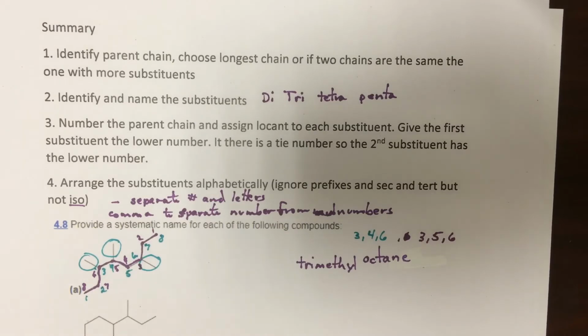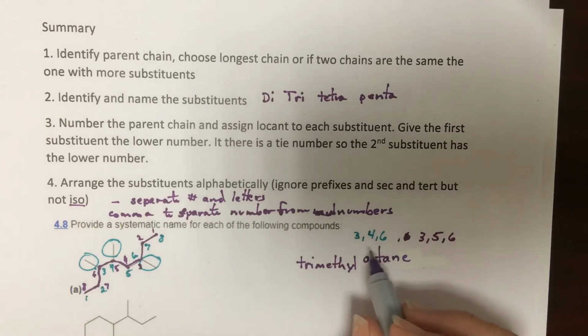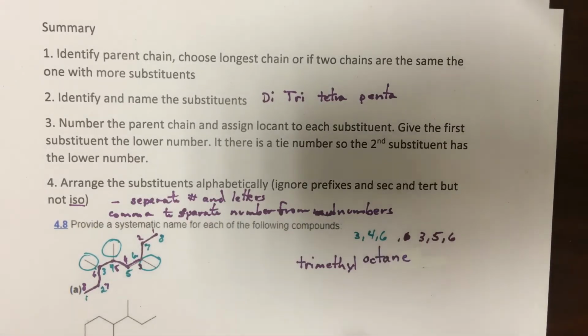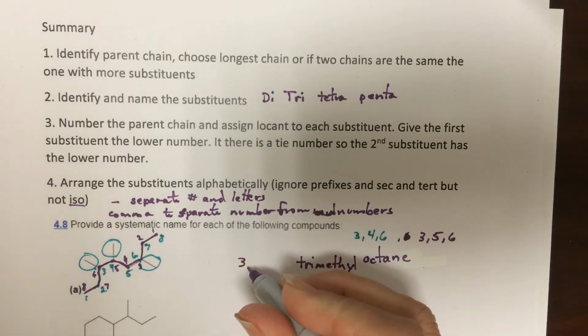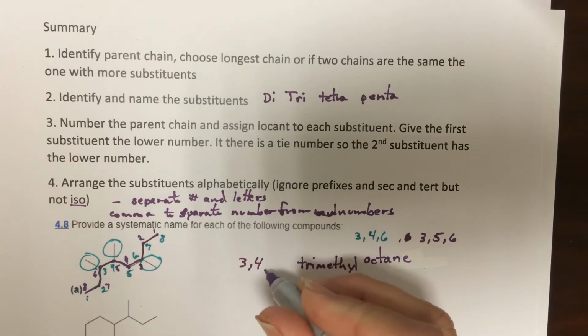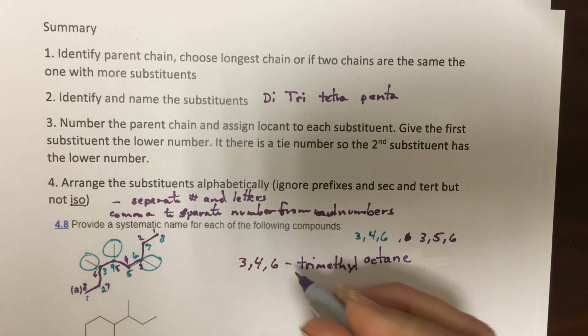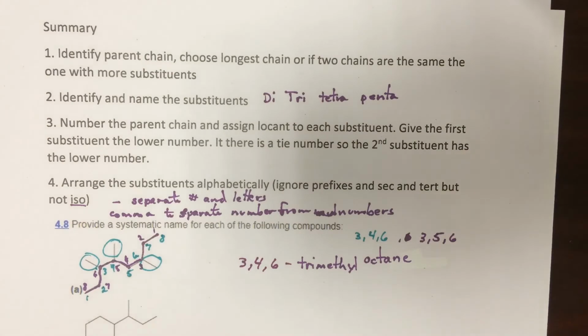So we want to use the 3, 4, and 6. So we put 3,4,6-trimethyloctane.